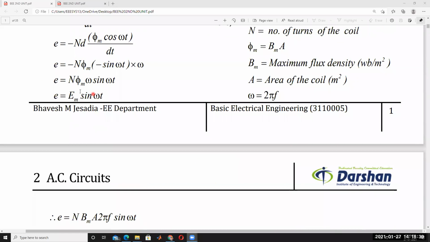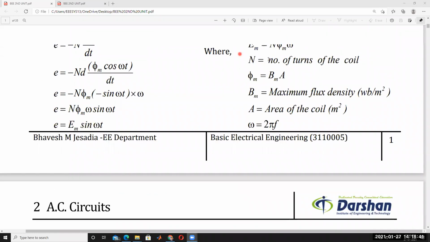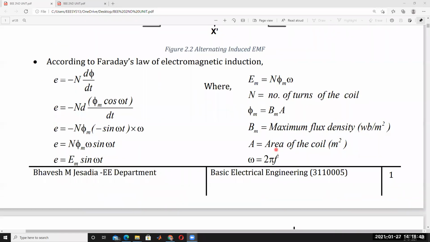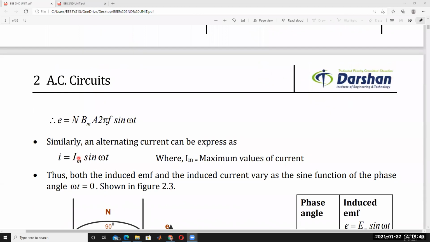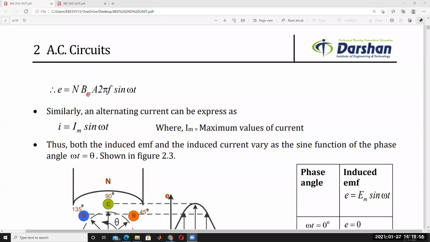So in this equation, n into phi m into omega, where omega is equal to 2 pi f. Substitute here, and then substitute Em, you will get E is equal to n into Bm into A into 2 pi f into sin omega t. Understood? This is the generated EMF in the conductor.